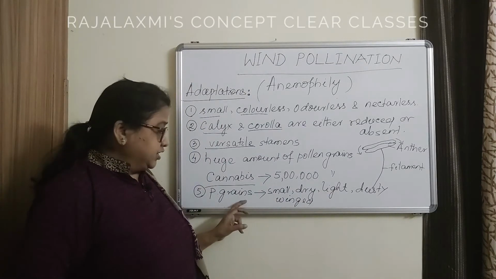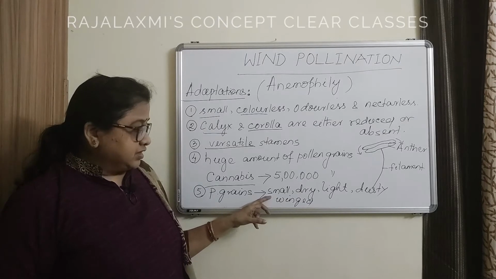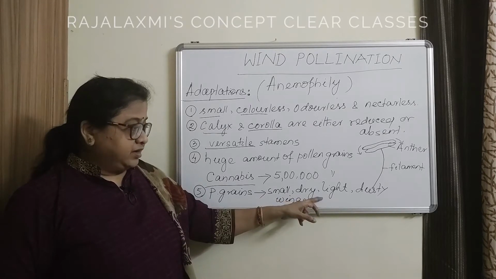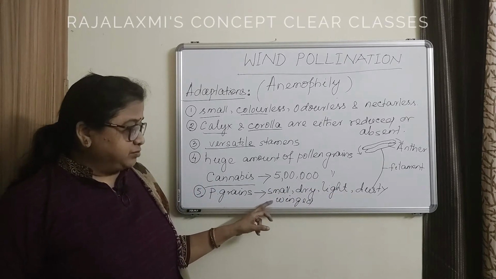As these pollen grains are to be pollinated by wind, they are generally small, dry, lightweight and dust-like, and sometimes winged.